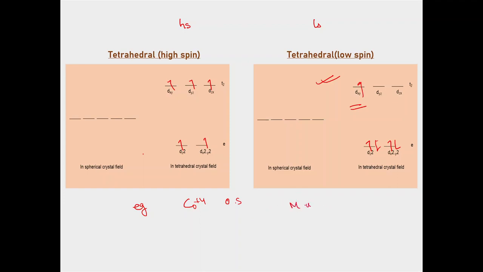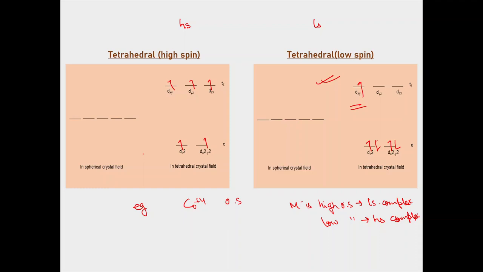If the metal is present in a high oxidation state, then they generally prefer forming a low spin complex. Whereas if a metal is in a low oxidation state, then they prefer a high spin complex. Okay, this is applicable for all the octahedral complexes.